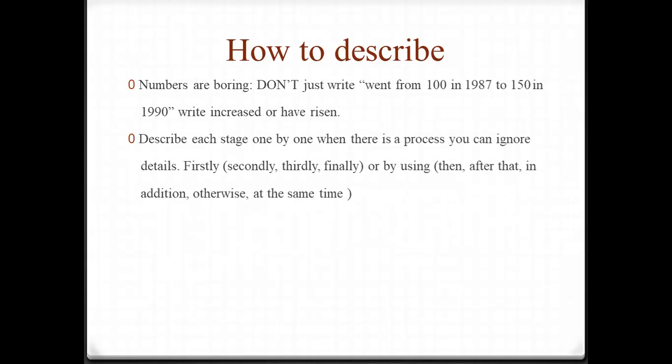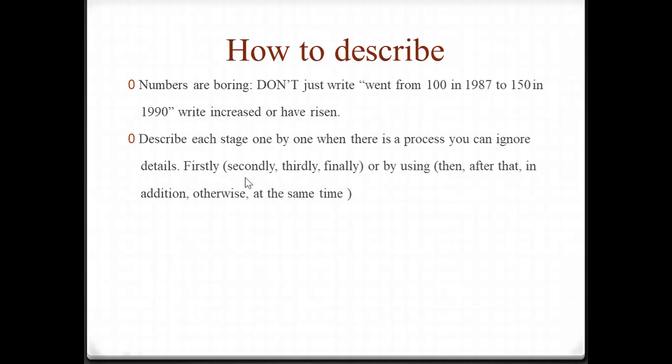When there is a process, you can ignore details. Firstly, secondly, thirdly, finally, or by using then, after that, in addition, otherwise, at the same time. Okay? This is very popular for a process picture or depiction of a process. Whether you are given a certain process, an image of a process, this is very useful.